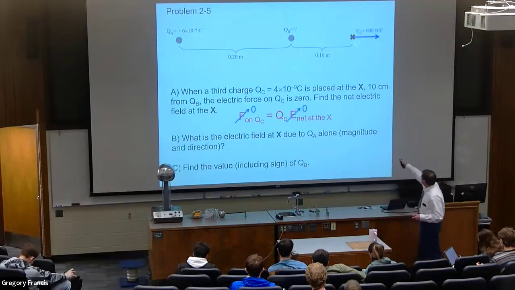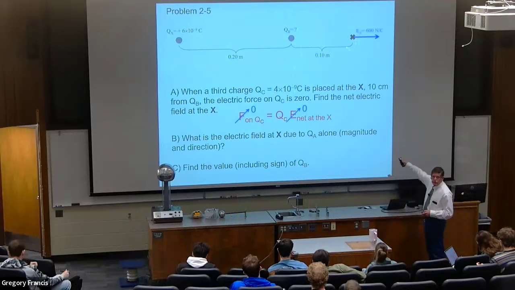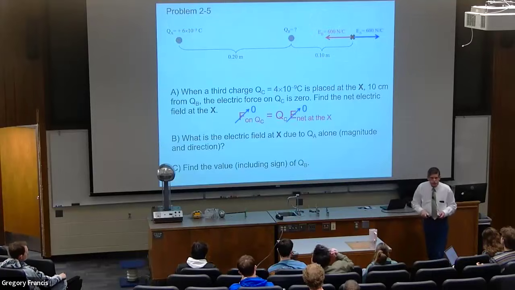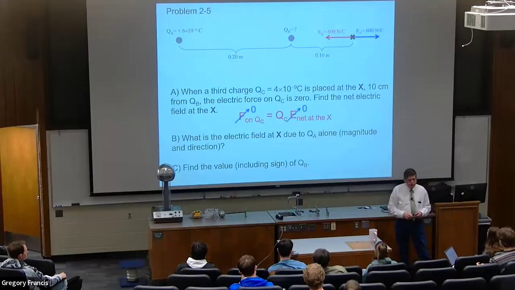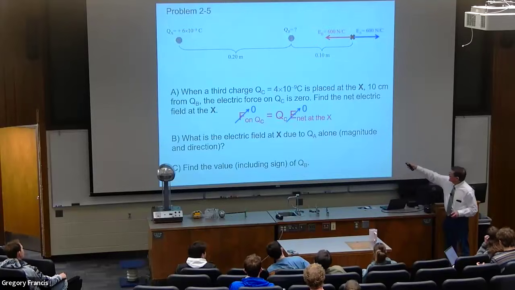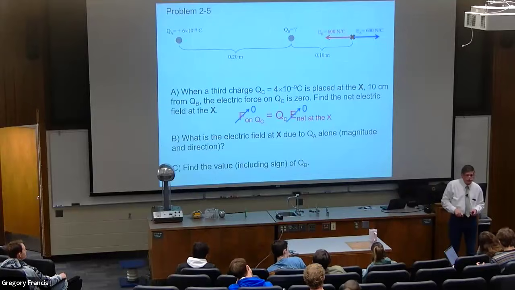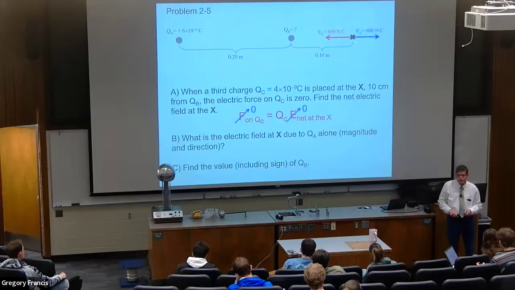I got to make the total electric field of that X zero. If the contribution due to A is 600 to the right, the contribution due to B had better be 600 to the left so that it adds up to zero. And that tells me immediately the QB has to be a negative source charge, a negative Klingon, does it not?